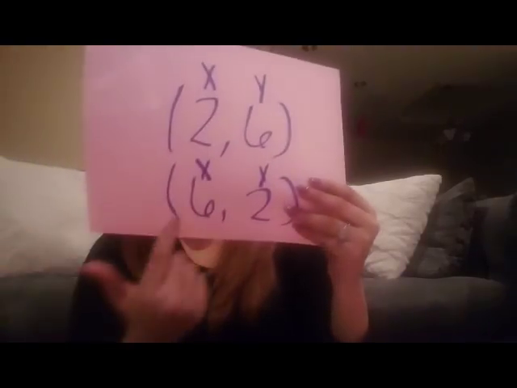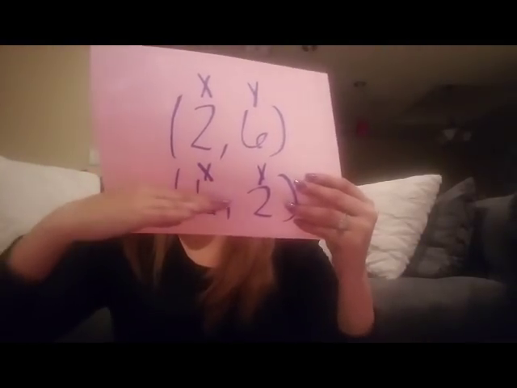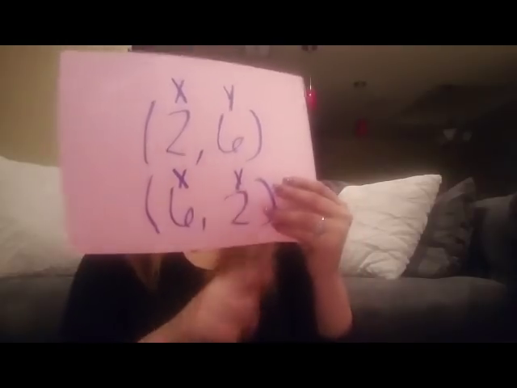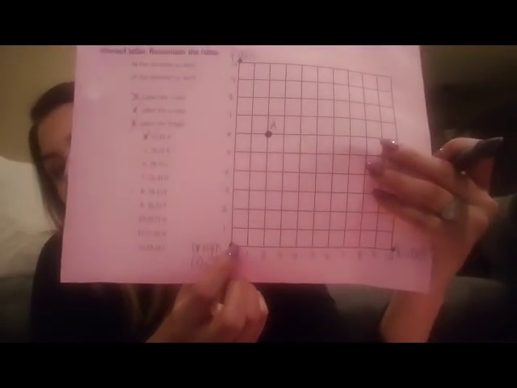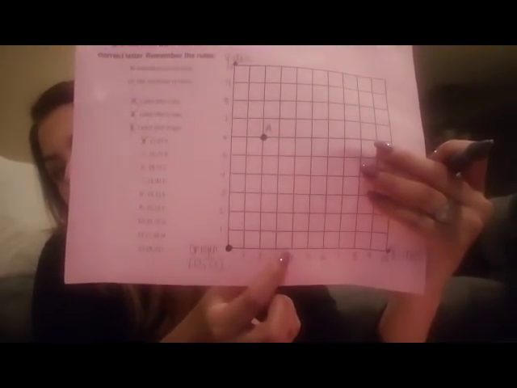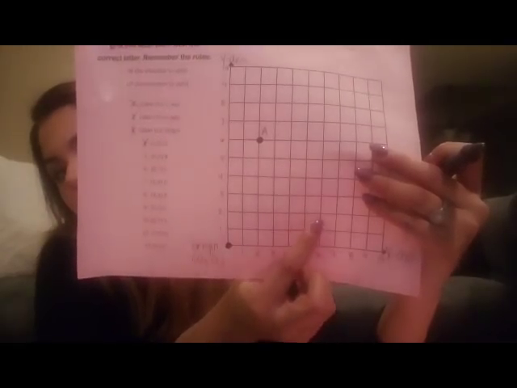So I want to go in 6 on my x-axis and then up 2 on my y-axis. Okay, so as usual, we start at our origin. I want to go in 6. 1, 2, 3, 4, 5, and 6. And then I'm going to go up 2, 1, 2. So I'm going to put a dot right there, and I'm going to label it B.